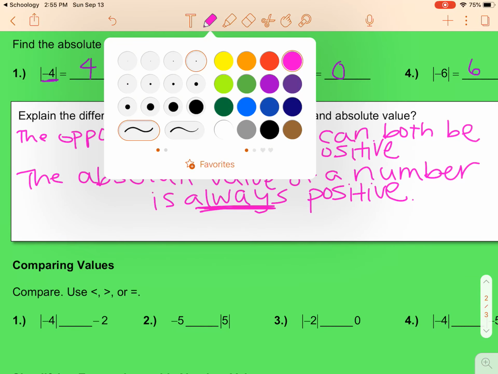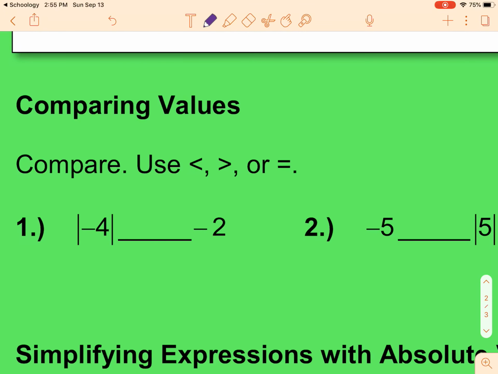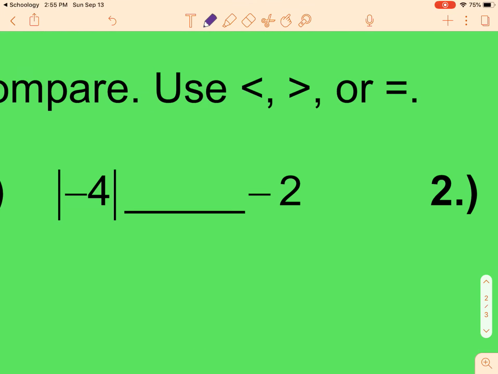So now let's look at comparing values. When we look down here at number 1, we're going to compare using the less than, the greater than, or the equal sign. So, the absolute value of -4. What is the absolute value of -4? Right, it is just 4. So we have 4 and -2. Which number is bigger?